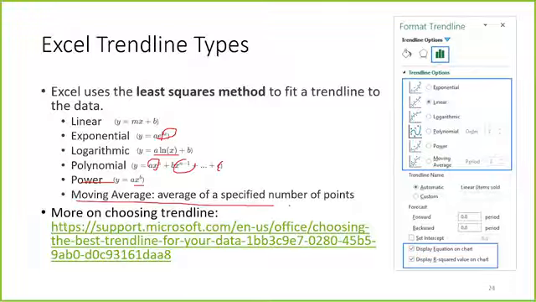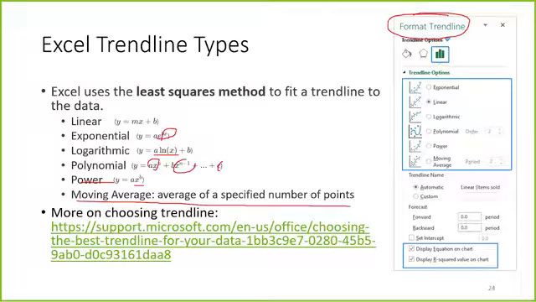Another is moving average, so you can have the average of a set of points moving. If you are interested in choosing trend line, you can go to this URL. But in the configuration, you can just freely choose based on your assumption and background knowledge.